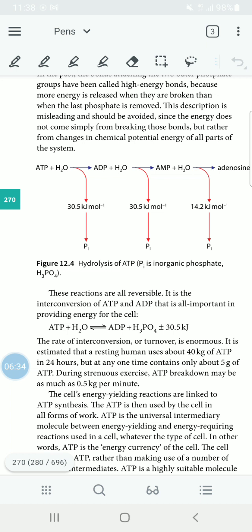What it says is that this conversion altogether would add up to 40 kilograms. At any one time the body contains only about 5 grams of ATP. So that makes sense, doesn't it? If 40 kilograms of ATP is converted in 24 hours, but you have only about 5 grams of ATP at any given time. During strenuous exercise, ATP breakdown may be as much as 0.5 kilograms per minute. So that is quite high.